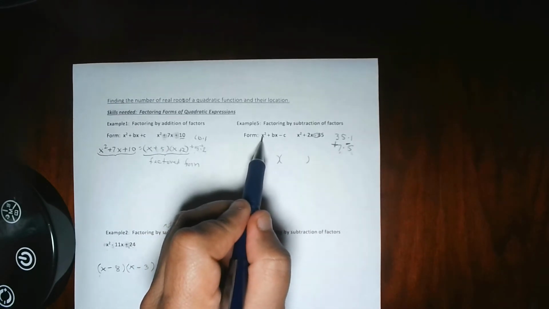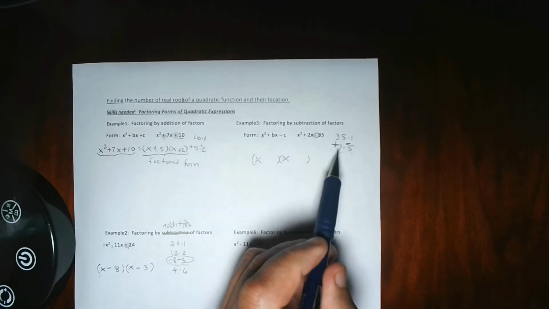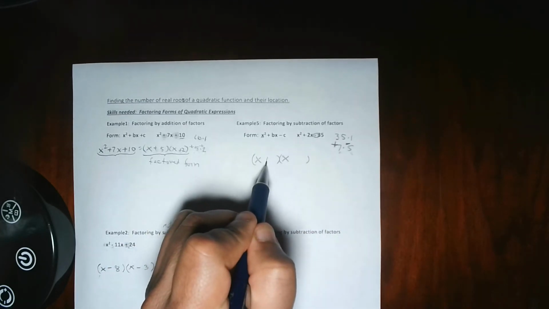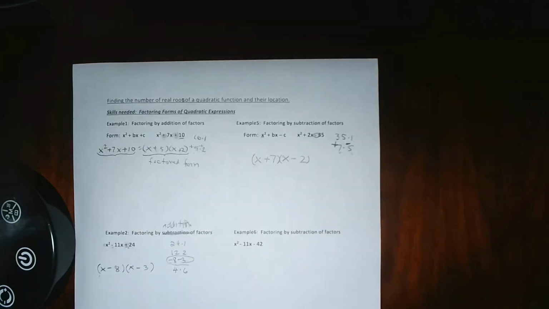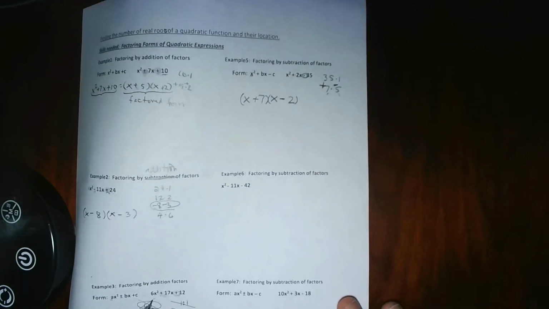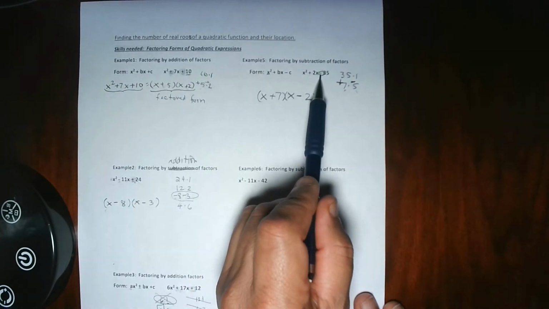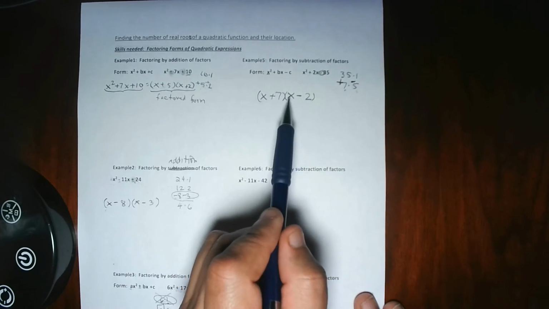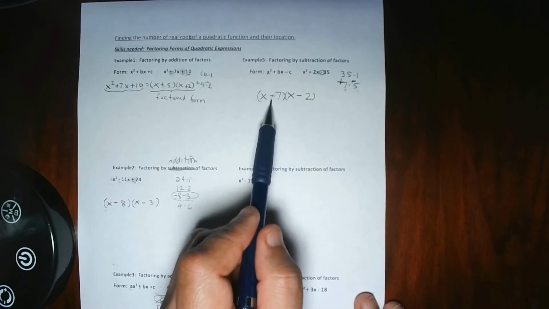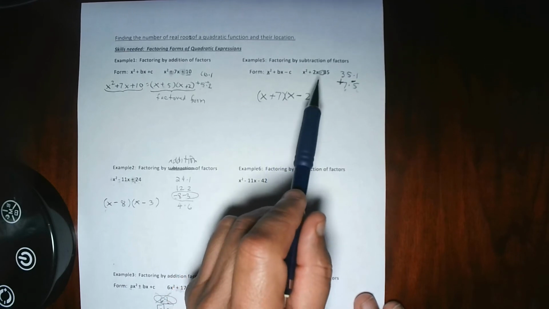So here you go to your x squared and then just write x times x here. And then this is going to be a positive 7. And this is going to be a minus 5. Alright? Now something to point out here is that whenever you're doing your factoring by subtraction, these two signs are never the same. They're always different. Because by having different signs, it's going to force you to subtract.